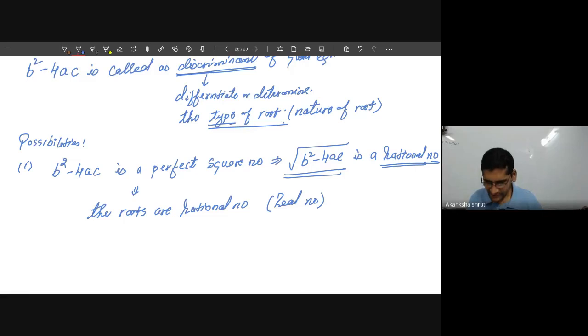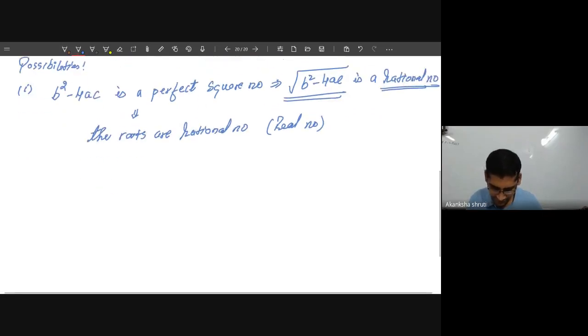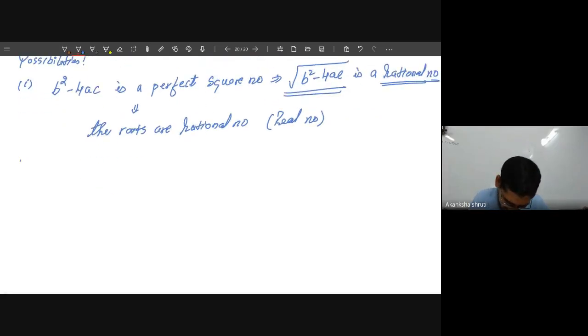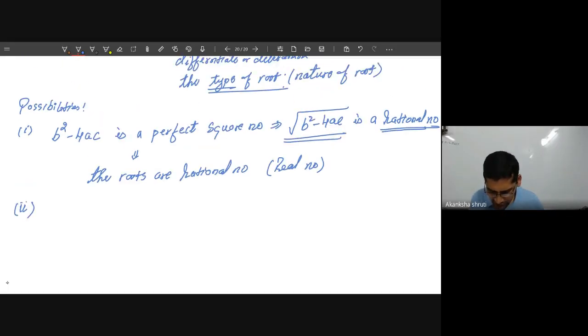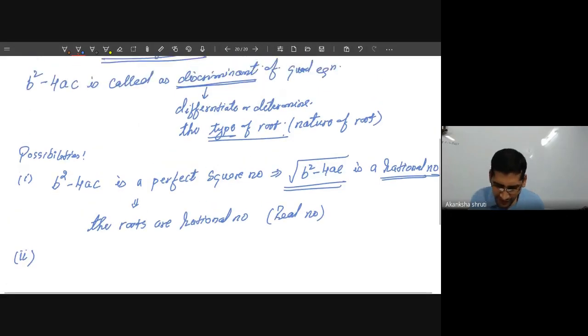This we will discuss more with some examples, but let me summarize the concepts here. The second thing is, student, rather than writing b square minus 4ac, we denote it by the symbol D. It is better to denote b square minus 4ac by capital D. Sometimes the triangle symbol is used.